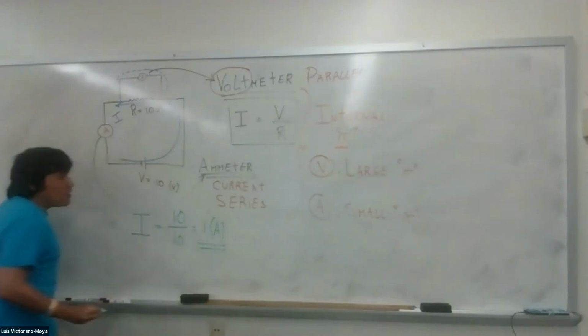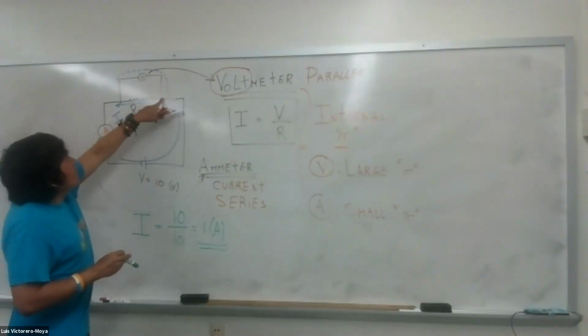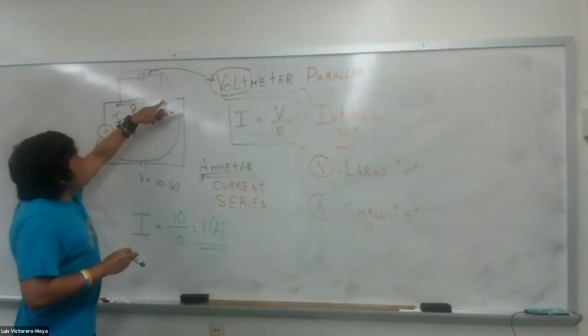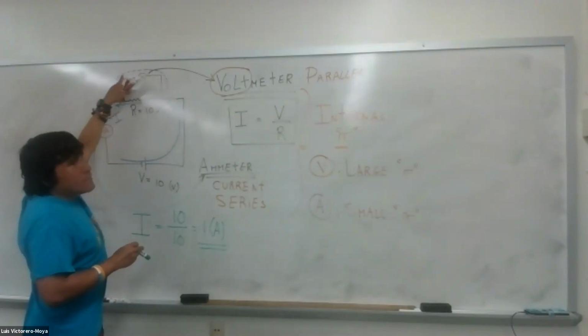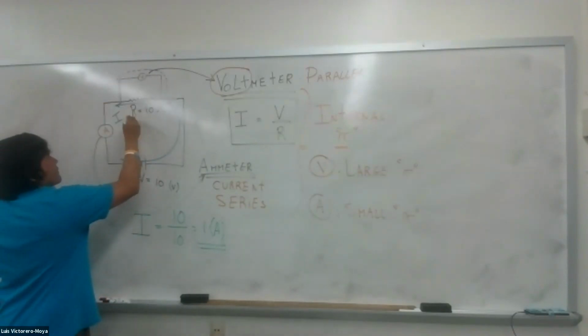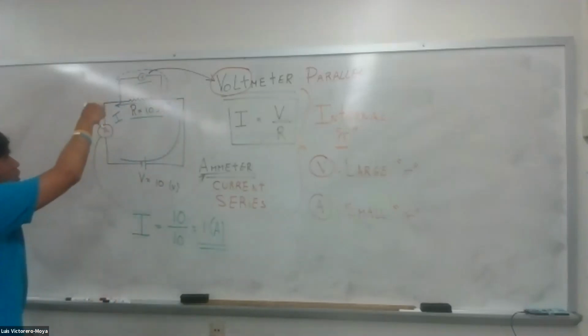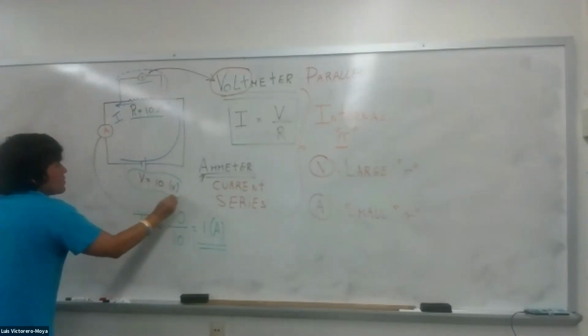That's your theoretical value for the current. However, we know that because there's a voltmeter, it's gonna split. But this one and this one are in parallel, so they always have the same voltage.